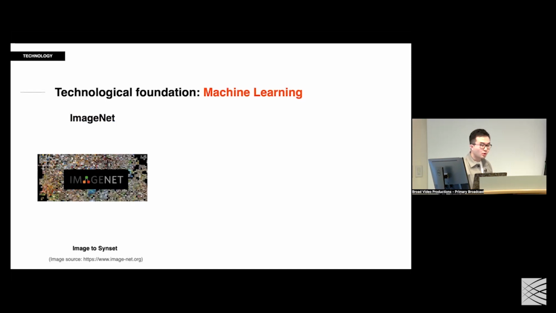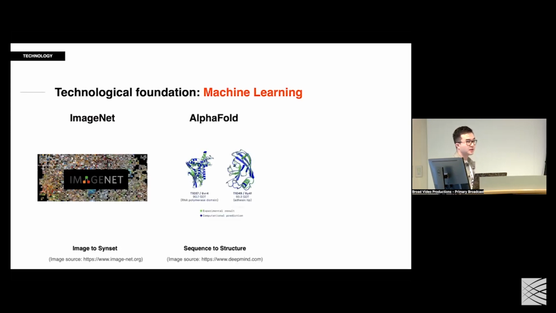The technology foundation that will enable us to really do this Image-to-omics framework is actually from machine learning. With the recent advent, especially many years ago, Dr. Fei-Fei Li, at Stanford, at the time at Princeton, put together ImageNet, which revolutionized computer vision.